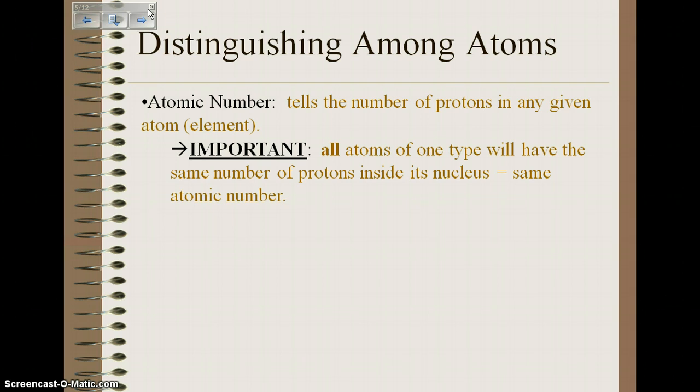It does not matter if those gold atoms are found in California, Michigan, Russia, Yugoslavia, or Italy. They are all 79 atoms. Hydrogen has 1 proton in it. Therefore, it has an atomic number of 1.